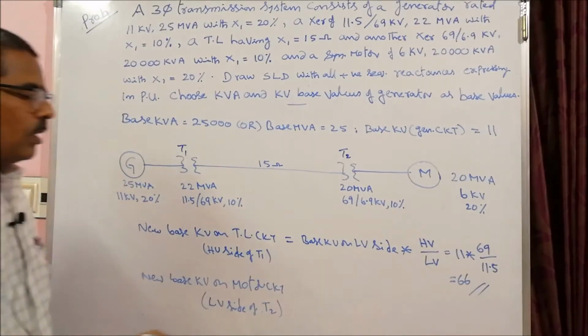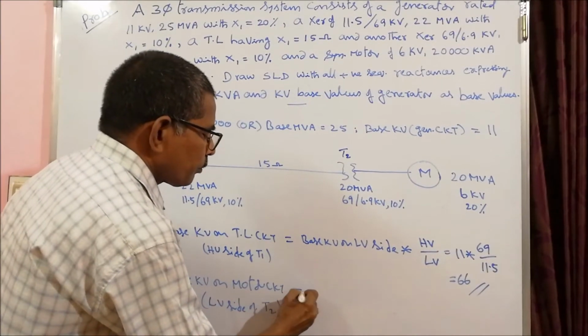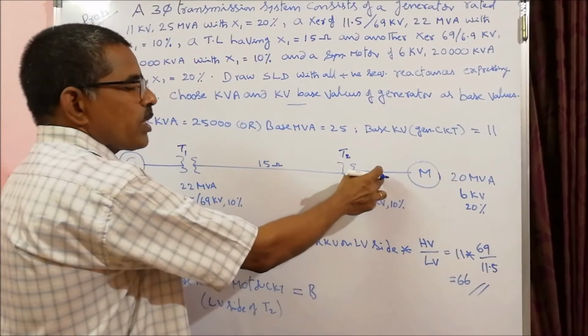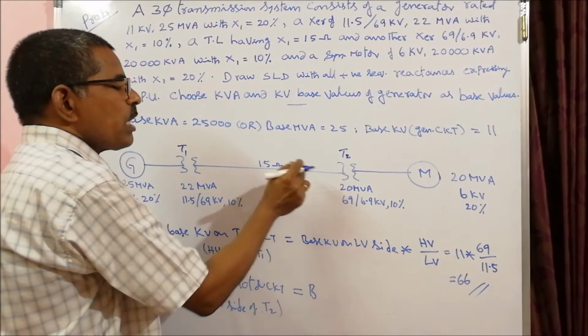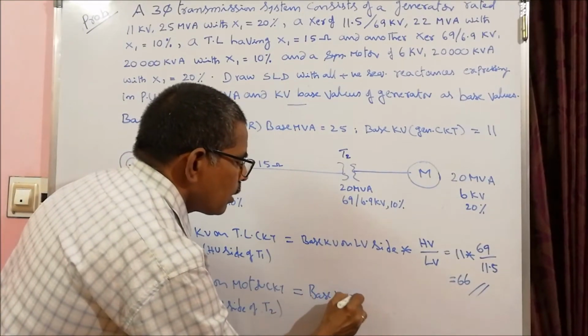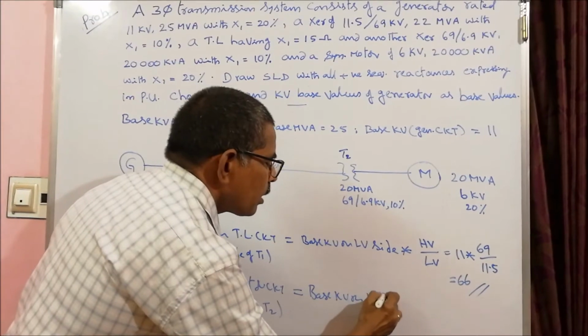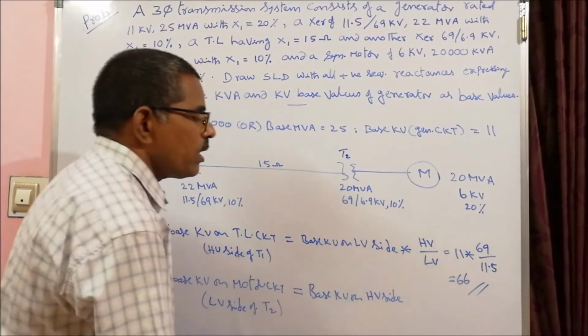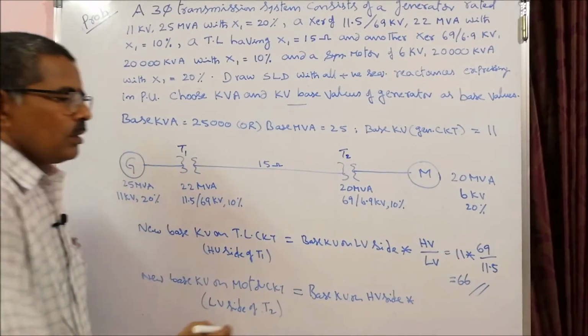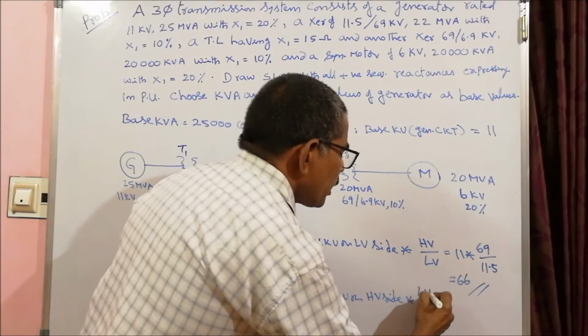How do you calculate this? We want the new base kV of the LV side of T2. The base kV on the HV side is known, so it is the base kV on the HV side multiplied by LV by HV.